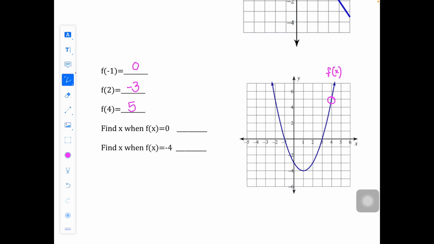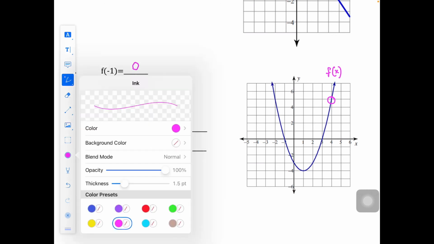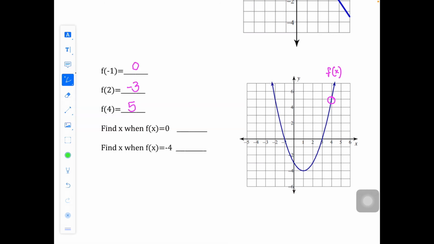So now the next two we're working in reverse. We want to find x when our y, our f of x, is 0. So that means that we want the x values that intersect our graph at 0.